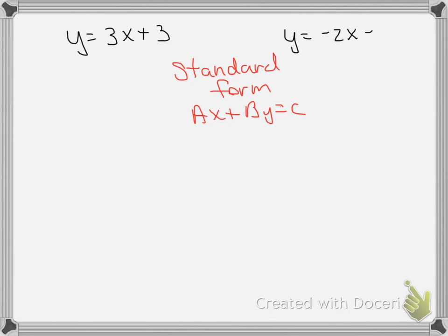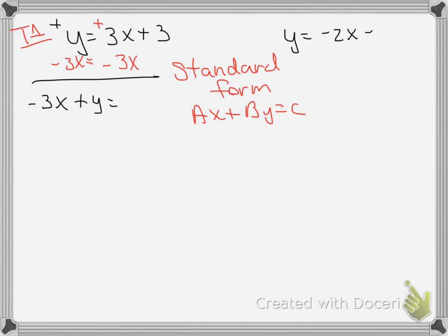So we just want to put our x and y together on the same side of the equal sign. So let's start with table 1. Alright, and so we're going to move our 3x over. So the opposite of positive 3x is minus 3x to both sides of the equal sign. This will give me a minus 3x. Now remember, our y is positive, so we're just going to say plus y equals 3.